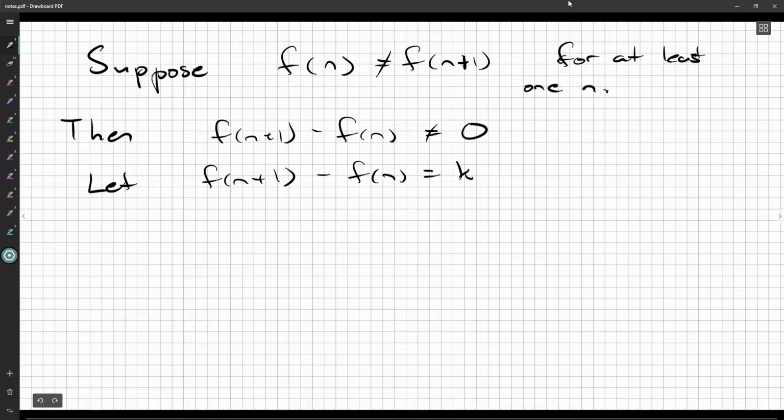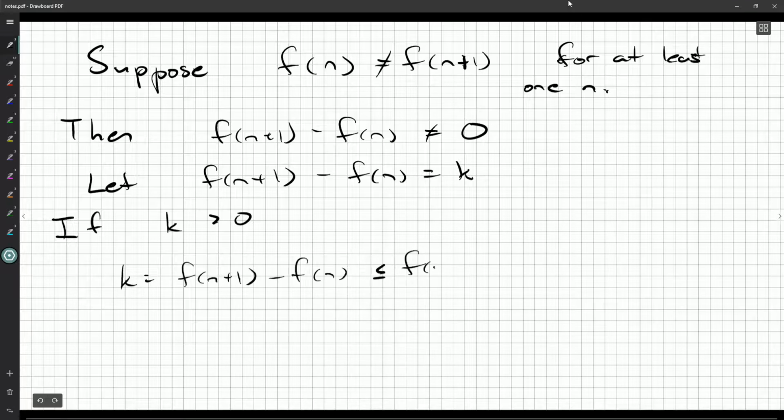But what do we know? Well, let's break it up into cases. If k is positive, then I know k is f(n+1) minus f(n), but that's less than or equal to the difference in the previous ones, which is less than or equal to the difference in the ones before that. Right?